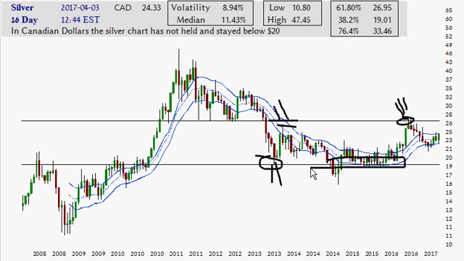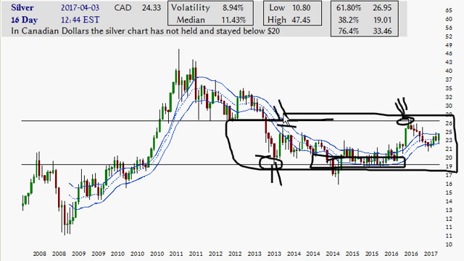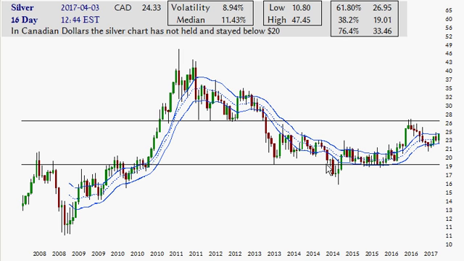Support again at this key level, and meanwhile the entire time it's in this sideways duration between 19 and 27 Canadian is neutral. So it's basically been neutral for 4 consecutive years. Nothing more to speak of. It had a slight break below here, but it didn't really constitute much of a fast move.